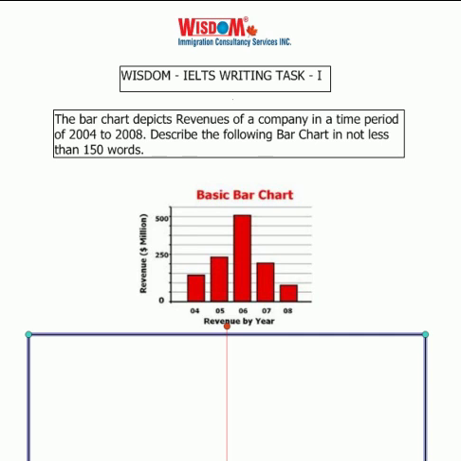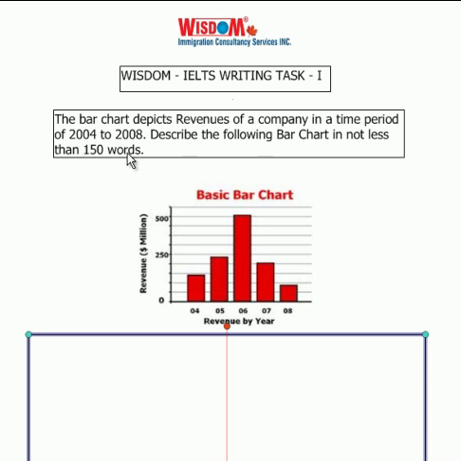However, this is the academic writing task 1. Let's go ahead and read the instructions. The bar chart depicts revenues of a company in a time period of 2004 to 2008. Describe the following bar chart in not less than 150 words.